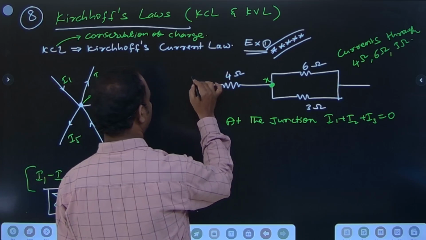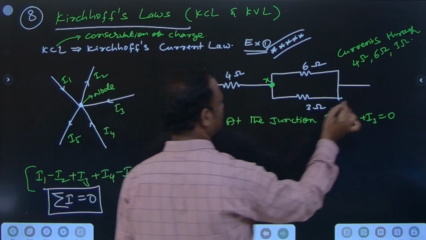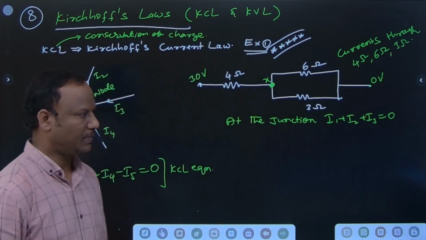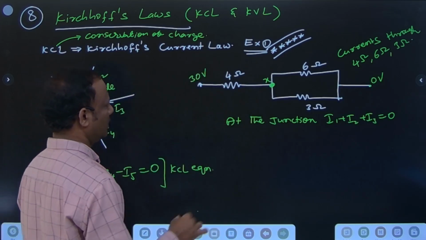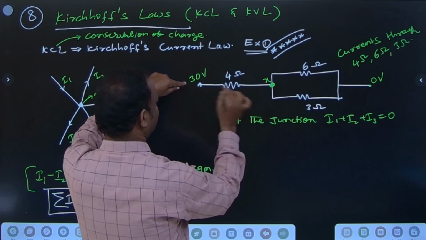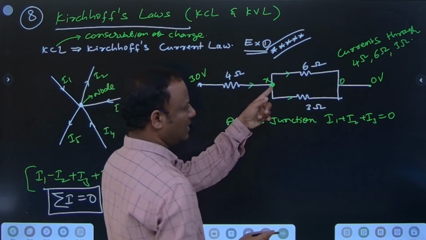For example, here is 30 volts, here is 0 volt. Now we need to apply KCL at X. Take this as the high potential.